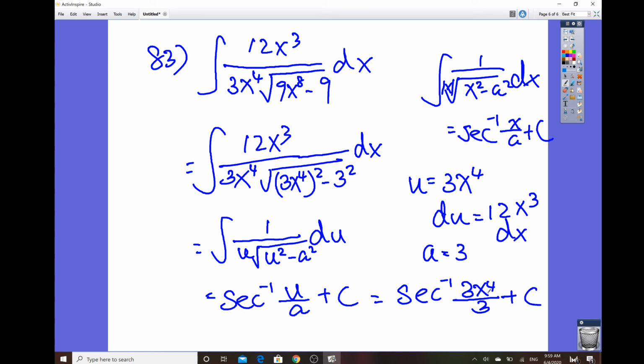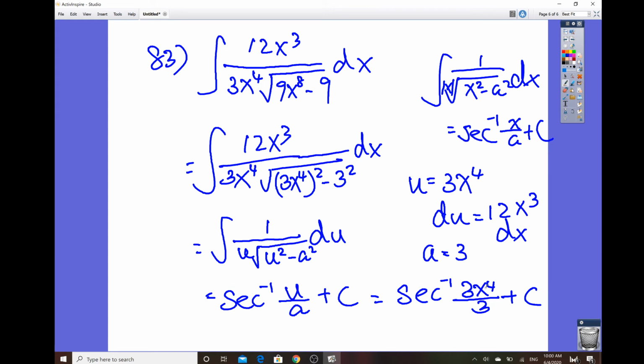For those wondering, according to the solution, how come there's an absolute value here? Well, in order to find the inverse of secant, remember the restriction for inverse of secant. It's always considered from 0 to pi, the restricted range. That's why we need to put in the restriction.